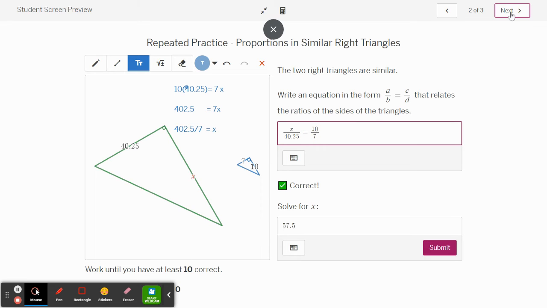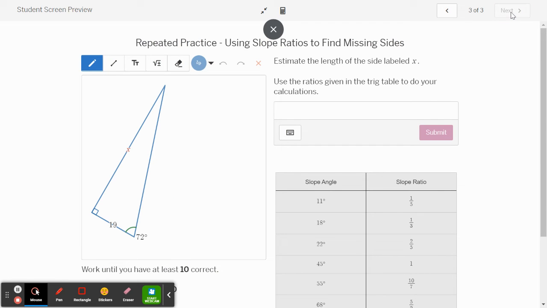All right, the second part is you are going to be using the slope ratio of some known angles. So down here we have a 72-degree angle. This was one of the angles that you figured out on your trig table. So I've asked the guest teacher to hand you back your trig table so you can see that you have this number.